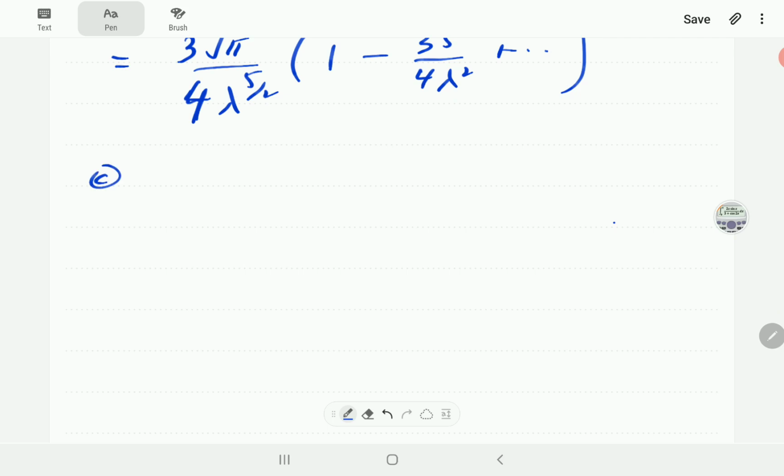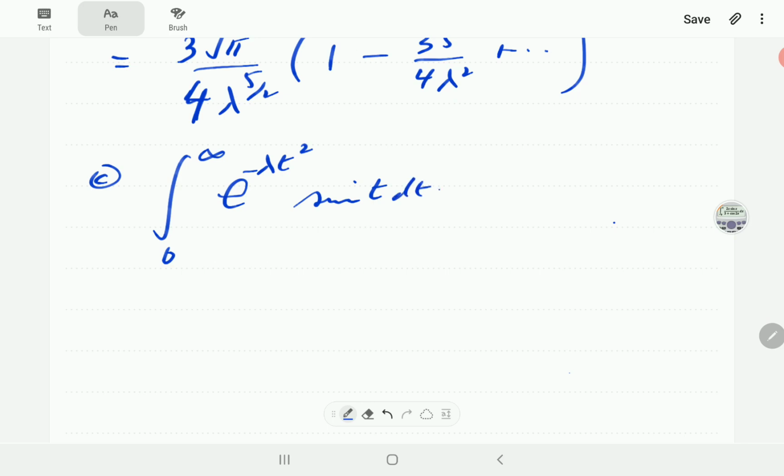Then we're going to go to C. So in C we've got the integral from 0 to infinity of e to the minus lambda t squared sine t dt.